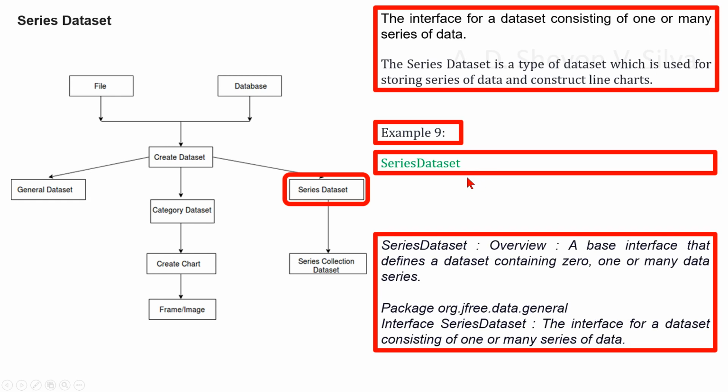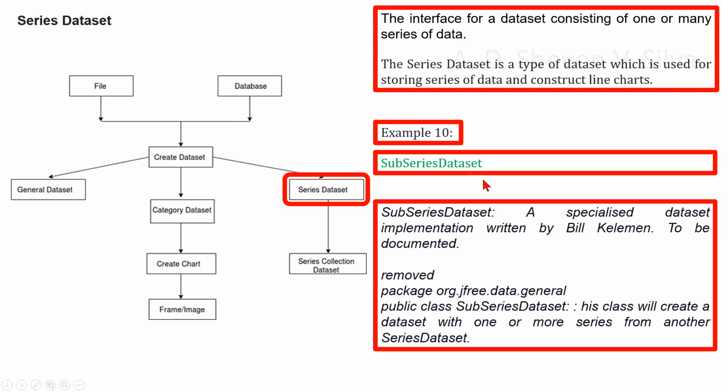Overview: series dataset, a base interface that defines a dataset containing 0, 1 or many data series. Interface series dataset in package org.jfree.data.general is the interface for a dataset consisting of one or many series of data. This interface is implemented by the abstract series dataset class.